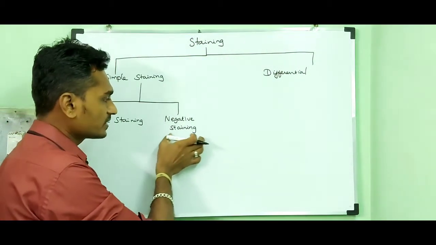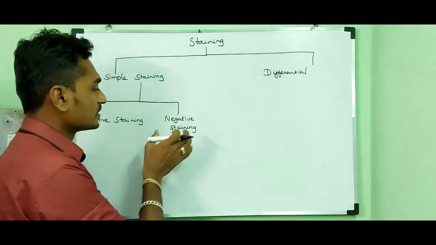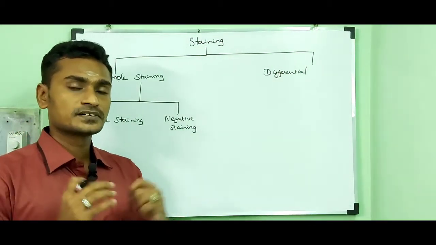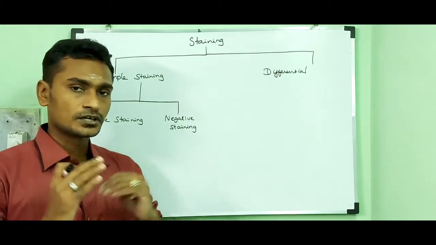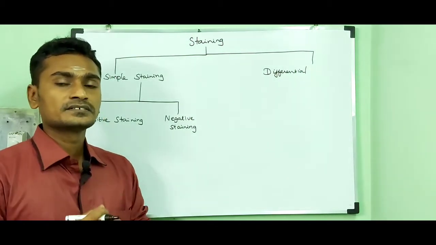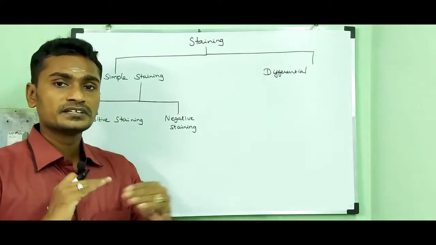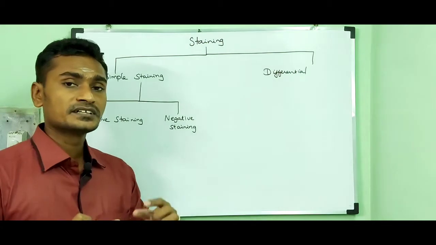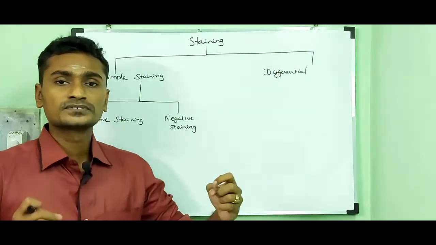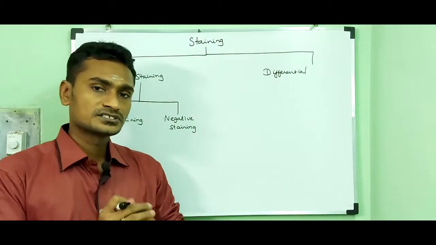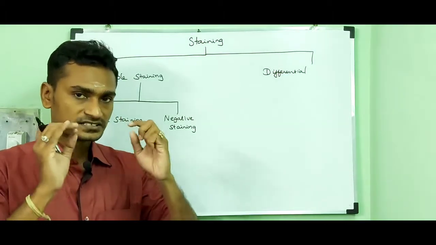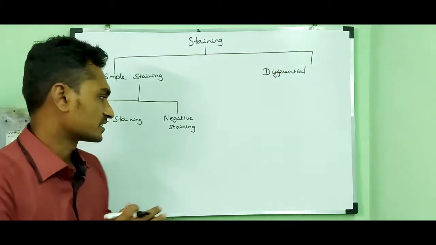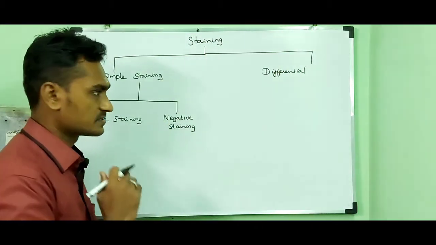While in the case of negative staining, the stain is negatively charged and it repels from the negatively charged objects, and the stain fills the space between the objects, and that is called negative staining.